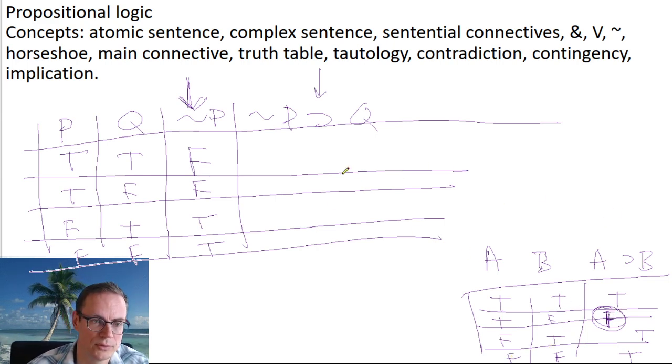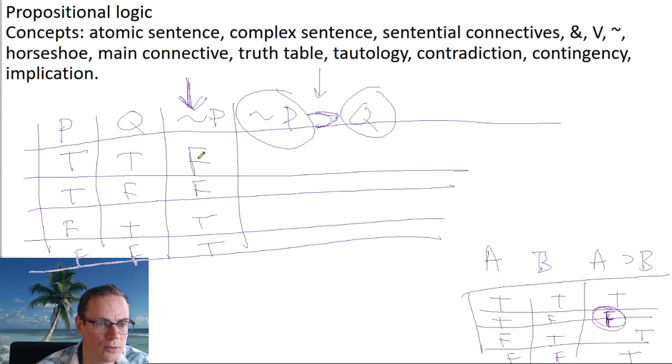All right, so we have to do the same thing here. Not P is our antecedent. Q is our consequent. All right, so antecedent false, consequent true. True. That's line 3 here.